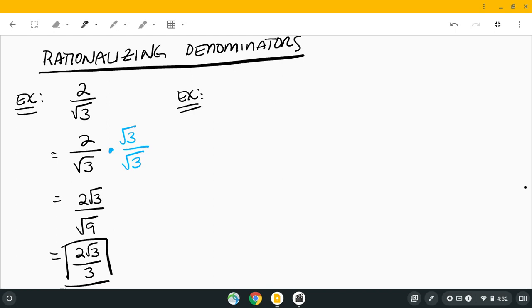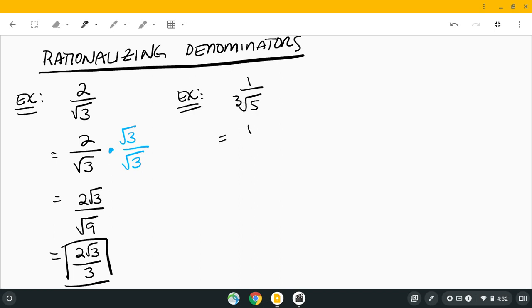All right, so let's take a look at this number here, 1 over cube root of 5. So we're dealing with the cube root. 5 is not a perfect cube, but we do want a perfect cube.